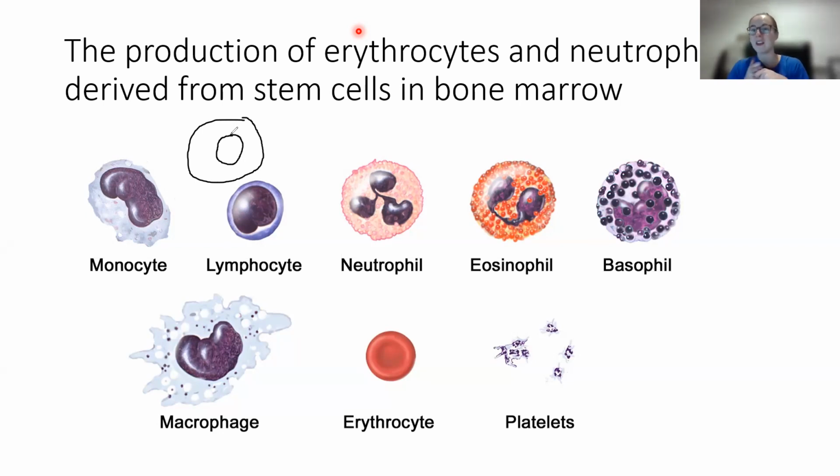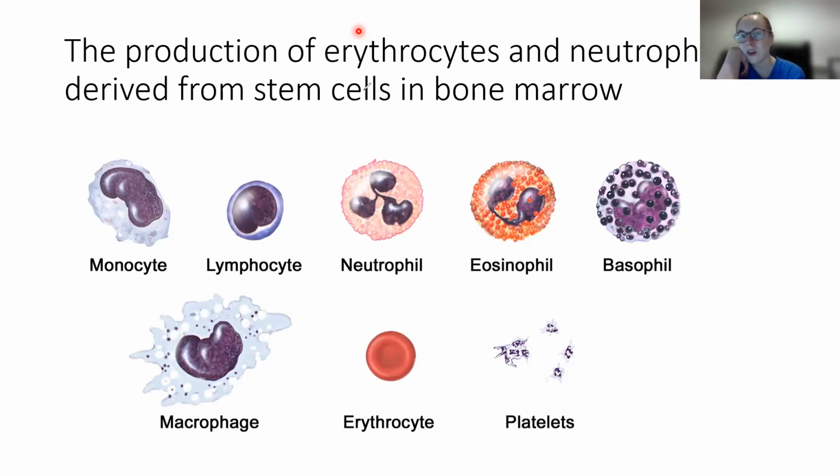So it's really easy if you remember your three adaptations, that it's got no nucleus, it's got hemoglobin, and it's elastic. And you just say that in there. So it needs to build up its hemoglobin, it needs to get rid of its nucleus, and it just needs to change shape slightly to become that biconcave shape. Okay, perfect. Great. So that's how we make our erythrocyte from our stem cell.